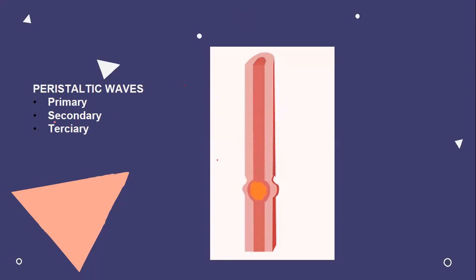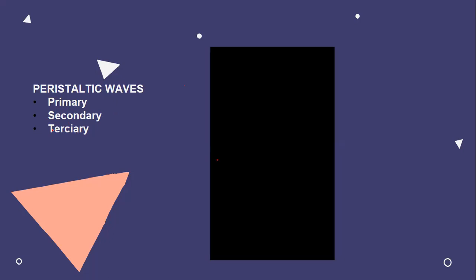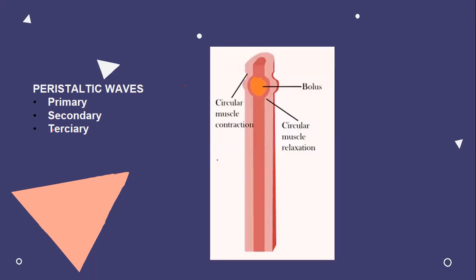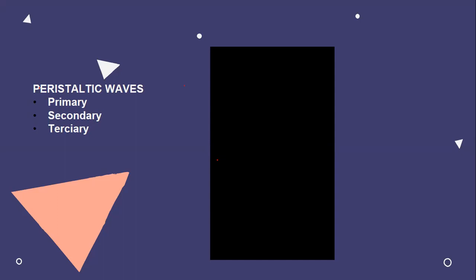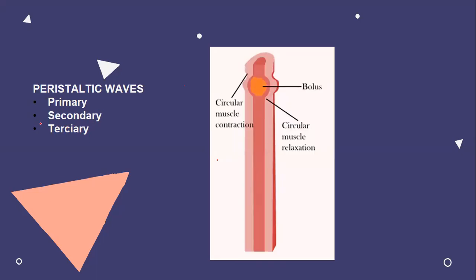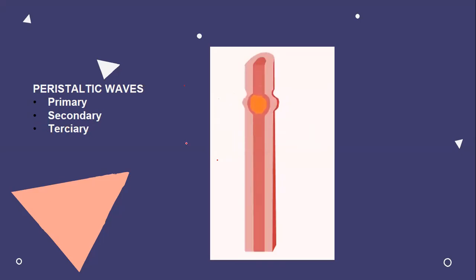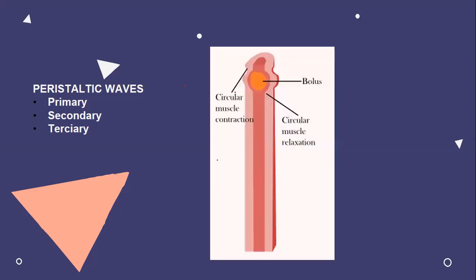And what about tertiary? Can anybody tell me what the tertiary peristaltic wave is? It is actually pathological, this one. And that is why the tertiary peristaltic wave is not actually peristaltic. However, some authors take into account this one. It is related to some sorts of diseases.